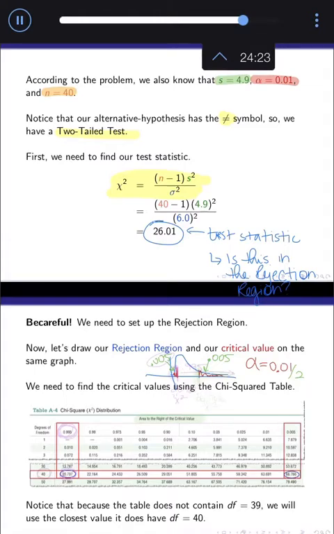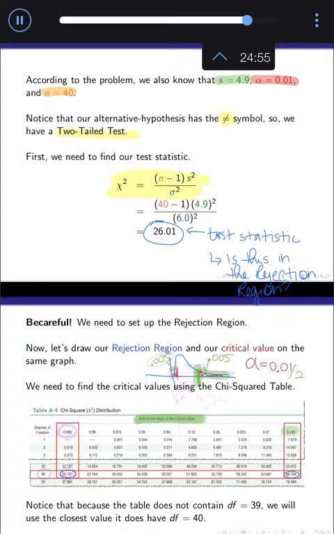The easiest one to find of our two critical values that make our rejection region is actually going to be the one on the right. So the question is why? Well, it's because remember that the chi-squared table gives you areas to the right of the critical value. So if I wanted to look at this critical value here, I'd look at the area to the right of the critical value being, according to this picture, 0.005.